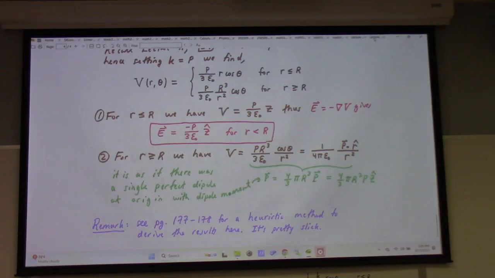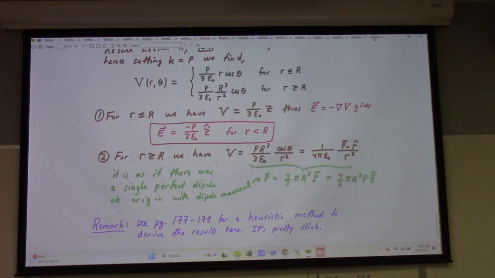So we talked about p equal to q d vector. There's a plus q here and a minus q here. This is the physical dipole.